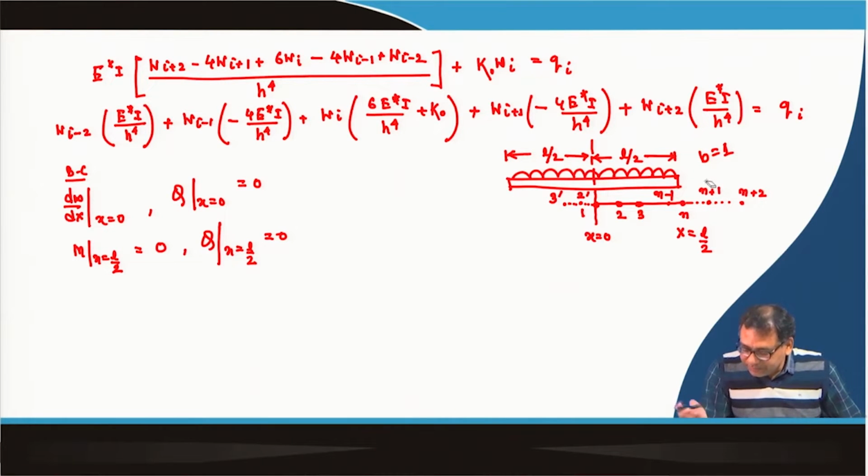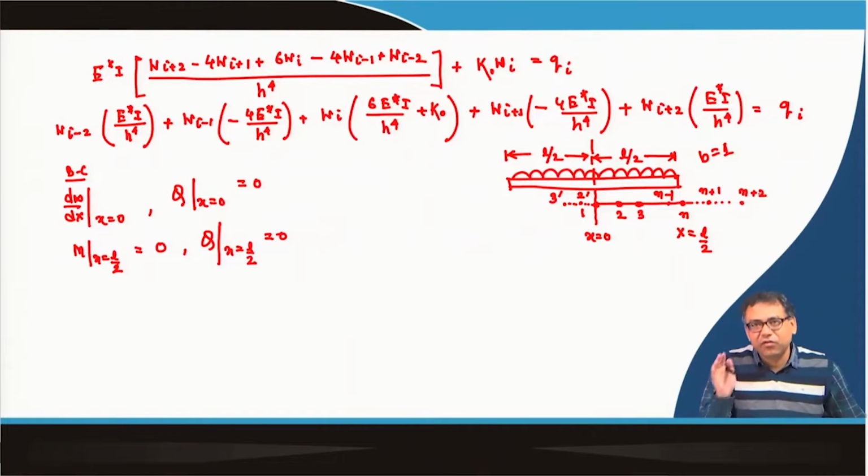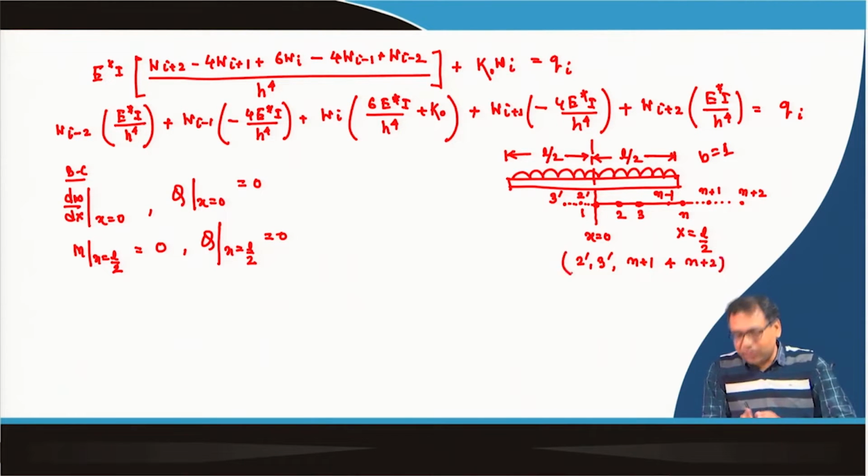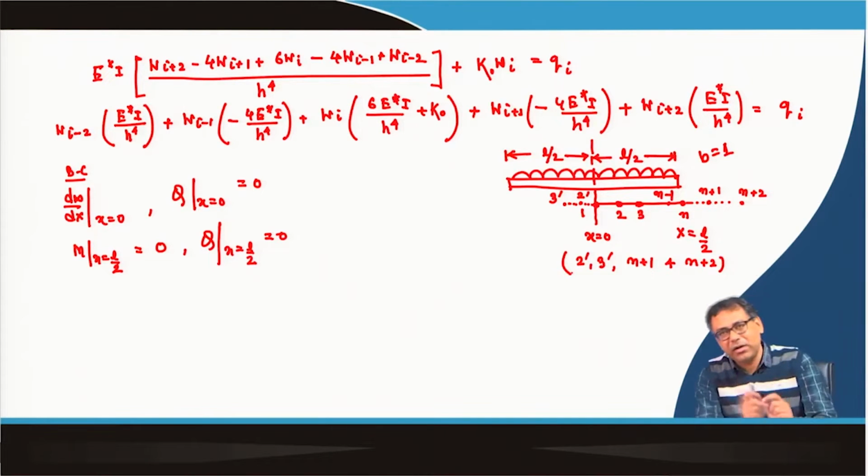So, these 2 dash, 3 dash, n plus 1 and n plus 2 are imaginary nodes, because the actual nodes are from 1 to n.